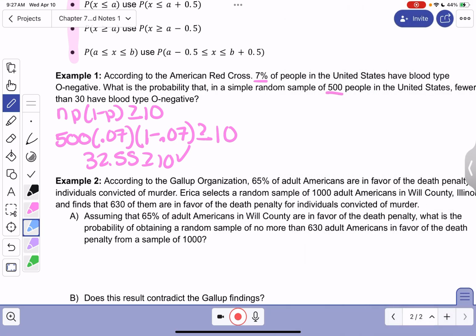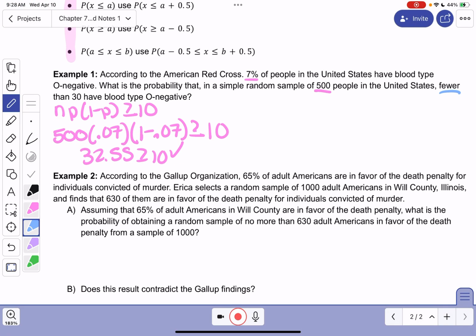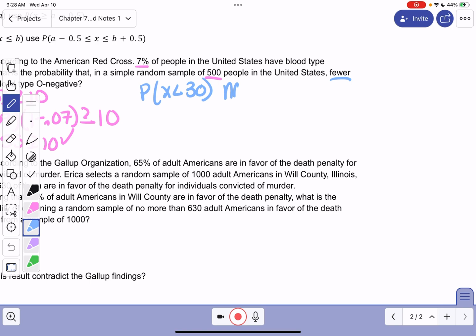Now we're trying to find fewer than 30, so we're looking for X less than 30. So we would do normal CDF. Our lower is negative 1E99, based on what we learned in 7.2. Our upper is the 30, because that's the highest we can be.